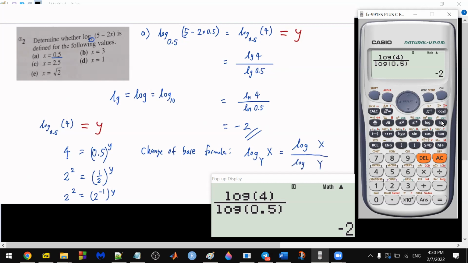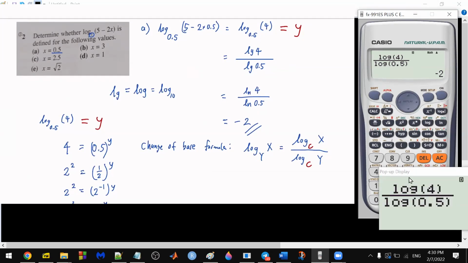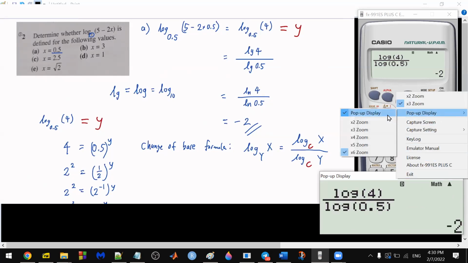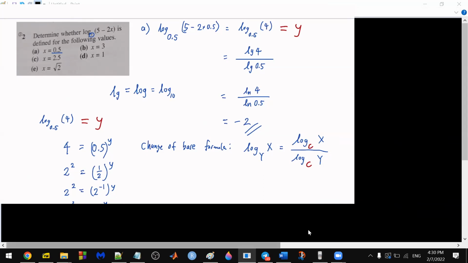And you can pick any base you like. Let's say I put a base c. The c can be any number. Okay, let me just remove this. Pop-up display. No. Okay.